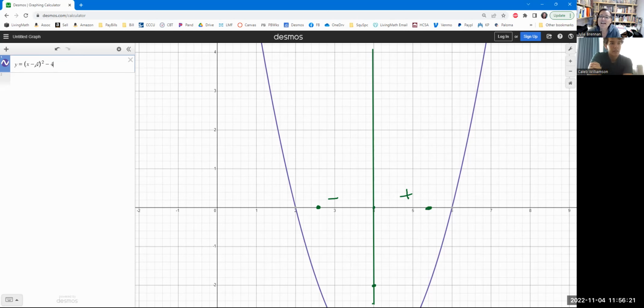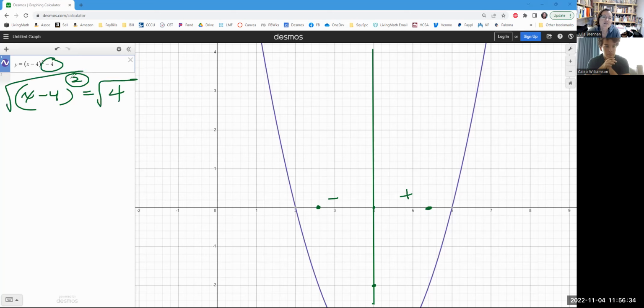Kind of. If I set this equal to 0, I'm going to get x minus 4, the quantity squared, is equal to 4. In order to get this isolated, I have to take the square root of both sides. So if I'm subtracting a square number, I'm going to get an integer, because I'm going to take the square root of that. So I get x minus 4 is equal to 2.